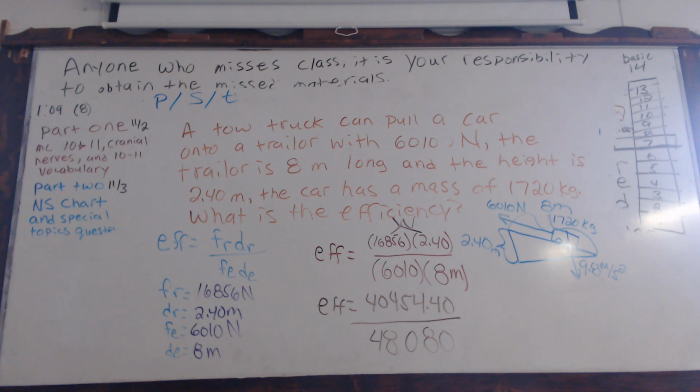Probably the biggest drawback on machines is friction. That's probably not just one, but that's the major reason that machines can't be 100% efficient, because there's just too much friction to overcome.